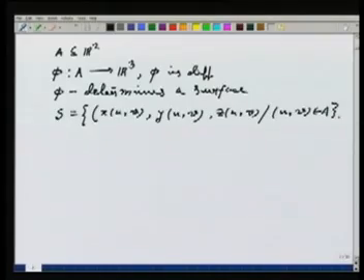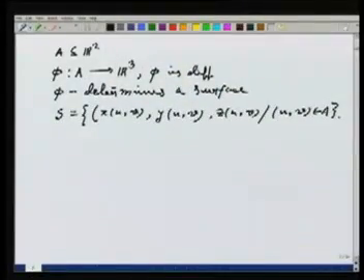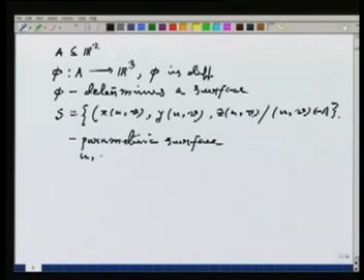Well, phi is a function from A to R3, so the image of phi will have an x coordinate, a y coordinate and a z coordinate. Those coordinates I have written as x(u, v), y(u, v), z(u, v), because these coordinates are going to be functions of u and v. Now this is the most general kind of surface we are going to deal with. These are called parametric surfaces, and u, v are called parameters.